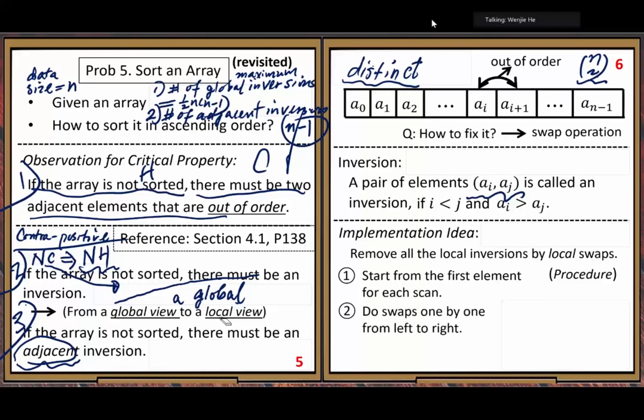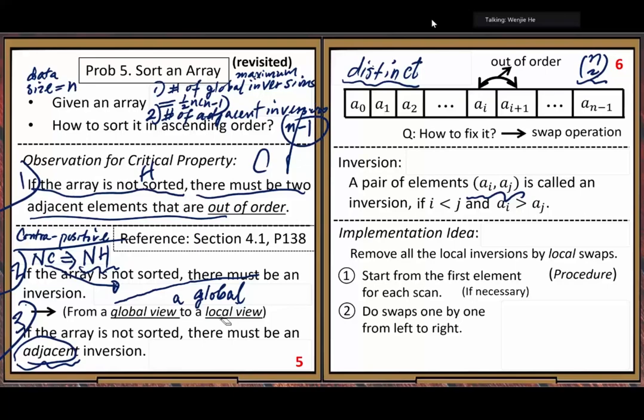Then second step, do swaps one by one from left to right when necessary, because sometimes you do not need to swap. When you check two adjacent elements and they are in order, no swap. If necessary, you do the swap. If not necessary, next inversion checking. That's the second step.